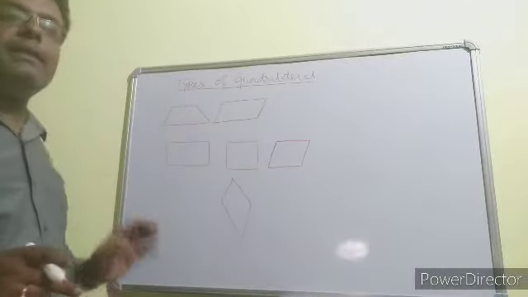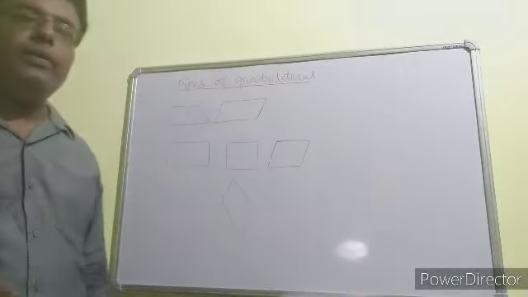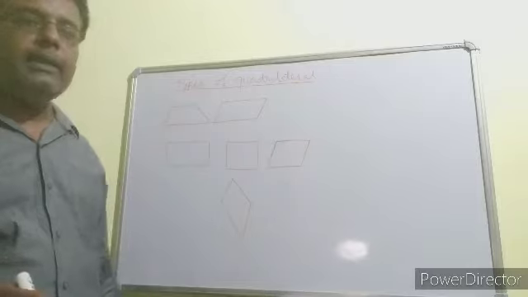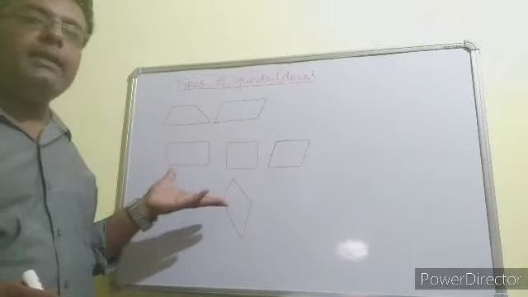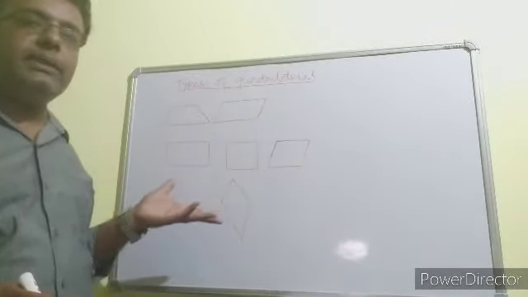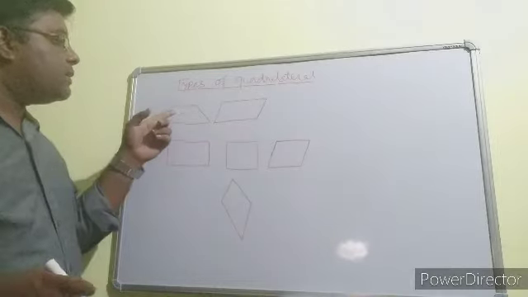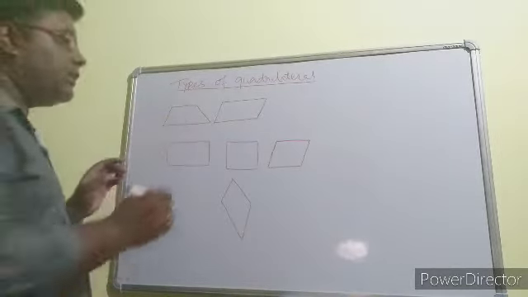So these are some special type of quadrilateral. In this quadrilateral there are some properties. So see in this first figure.